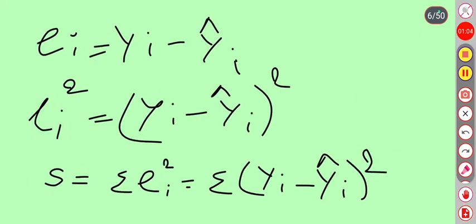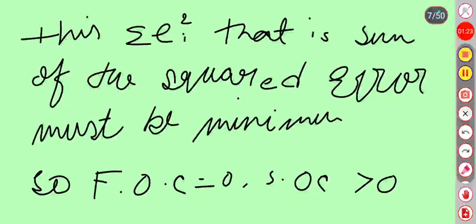So ei is equal to yi minus yi hat, and the sum of the squared error, S, is equal to summation yi minus yi hat whole square.